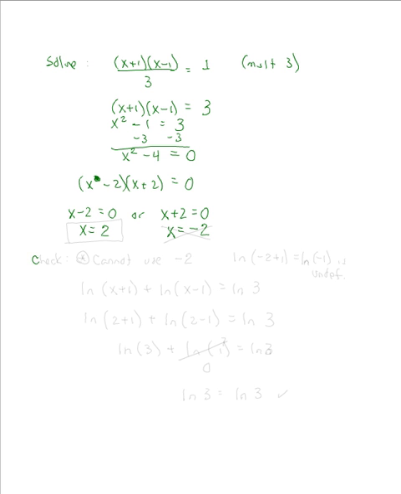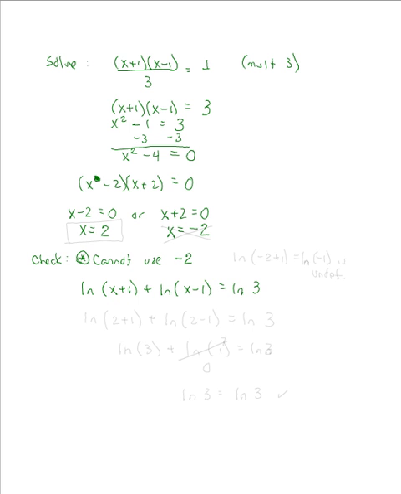We have two solutions. We need to check, are they valid? And immediately, I know I cannot use that value negative 2. Our original equation was the natural log of x plus 1 plus the natural log of x minus 1 equal to the natural log of 3.